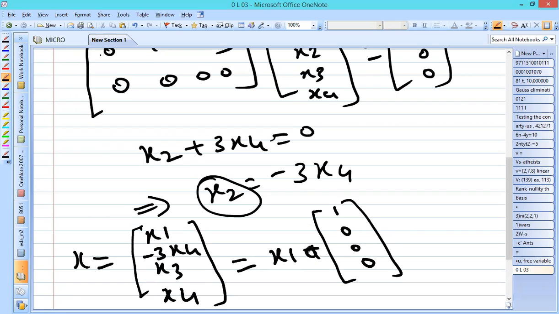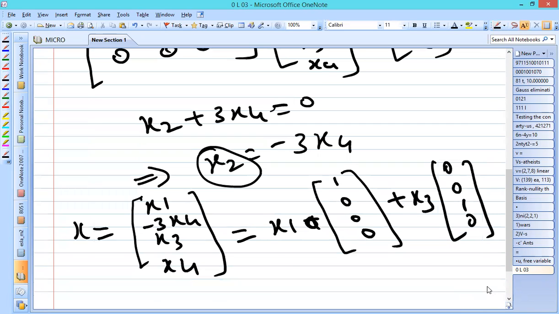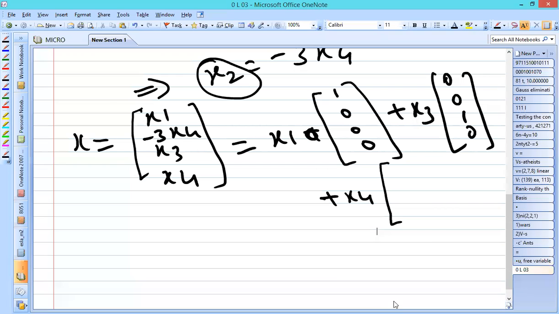So here x1, if it is multiplied with 1 0 0 0, it will result in the free variable x1, plus x3 is also a free variable, so 0 0 1 0. And when you come to x4, x4 is a free variable, but x2 is a dependent variable. So here we can write 0 in order to get minus 3x4 in the place of x2.